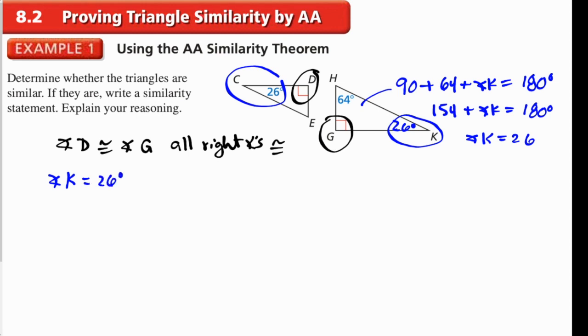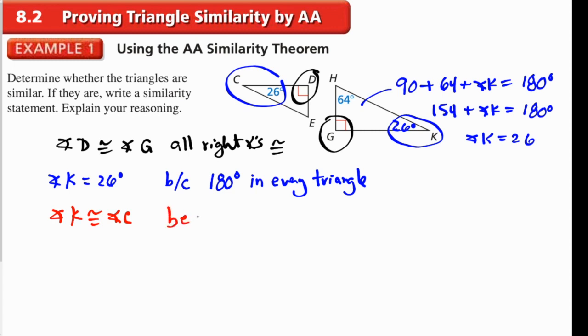So angle K is equal to 26 degrees because there are 180 degrees in every triangle. And now we can say that angle K is congruent to angle C because they have the same measure.